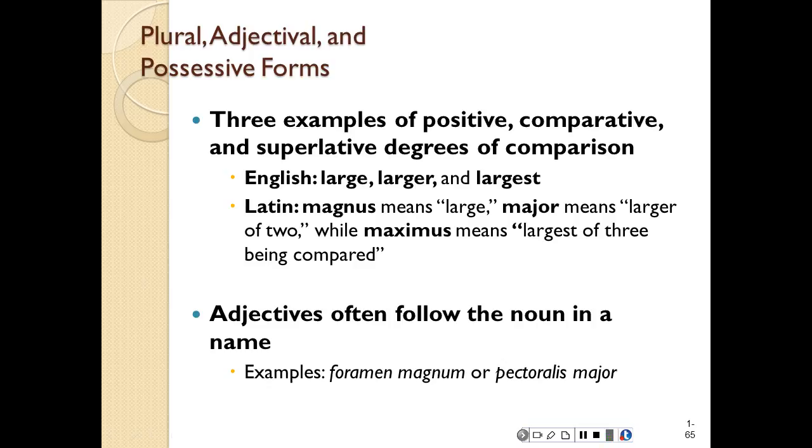For example, gluteus maximus, gluteus medius, gluteus minimus. Those are a few examples. And you have pectoralis major as well as pectoralis minor.